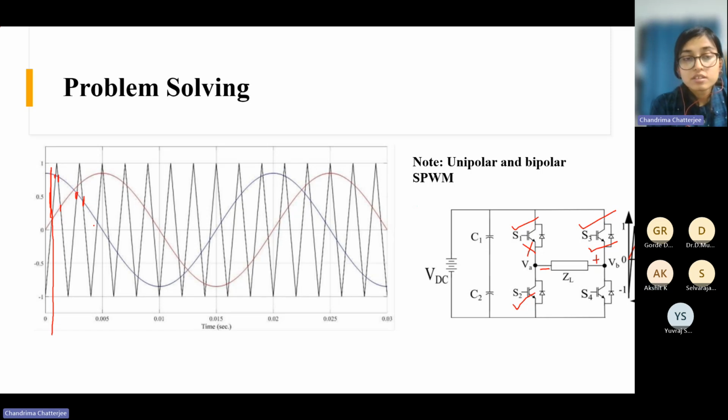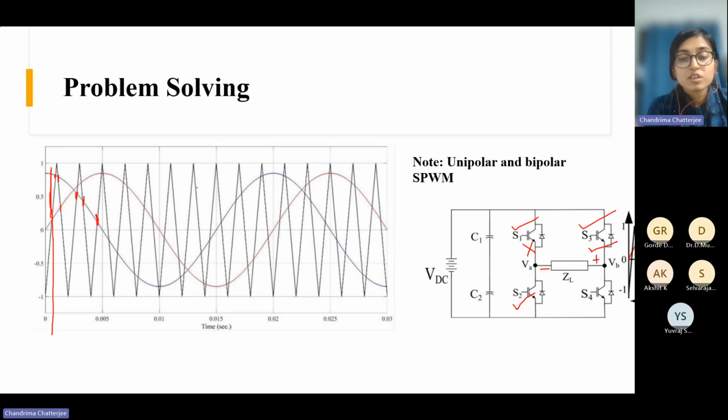Again, from this point to this point, this is also higher than this one. If you analyze like this, you will get that. So far whatever we have got, zero voltage and minus VDC voltage, right?